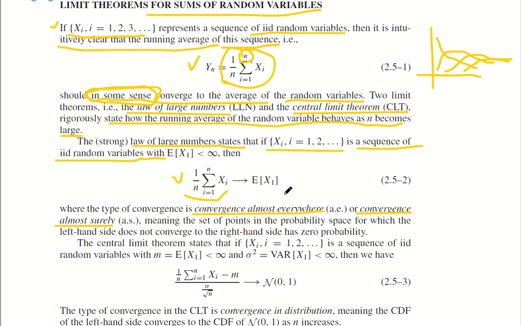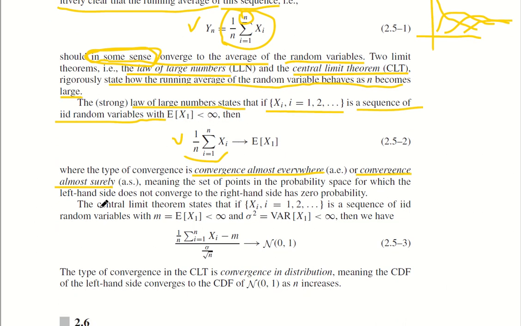So that's the property. And then the central limit theorem states that if X is a sequence of IID random variables with m equal to the expectation of Xi, sigma squared equal to the variance of Xi, then we have the summation of Xi, taking the average minus m. m is the mean.